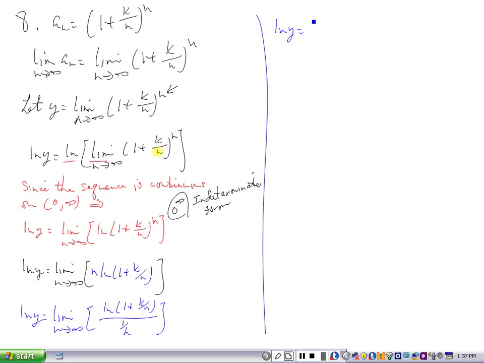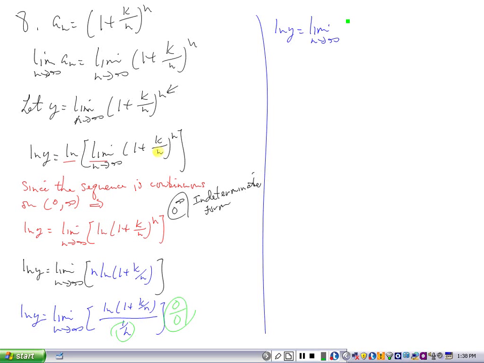Now you look at what you have, and if I check to see if this will be of an indeterminate form, I have the natural log of 1, which is 0, and then as n goes to infinity, 1 over n goes to 0. So this is still an indeterminate form, and this gives me the process whereby I can apply L'Hopital's rule.